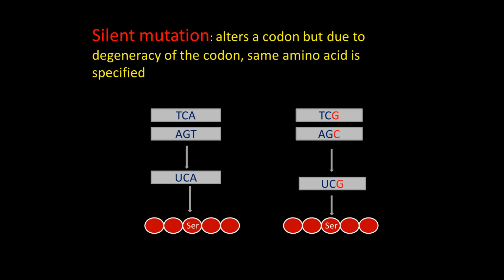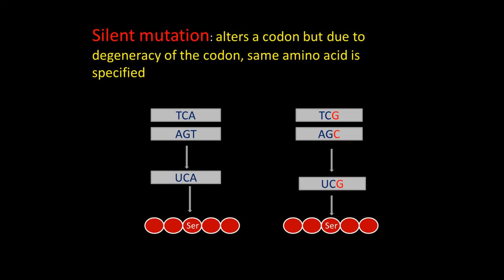So silent mutations are those mutations in which, though the mutation alters the gene and changes the codon of the mRNA, the amino acid specified by the changed codon is similar to the one present in the normal case. Because of the degeneracy of the code, the same amino acid is specified.